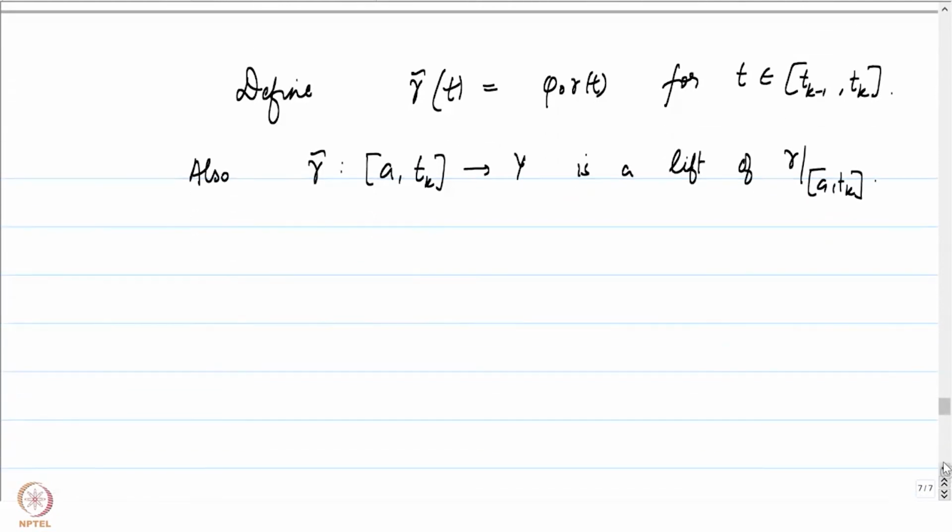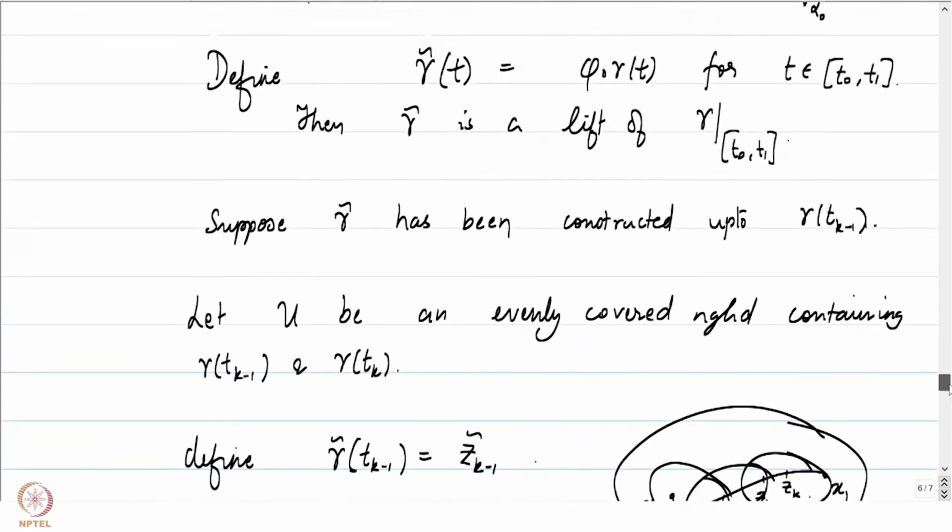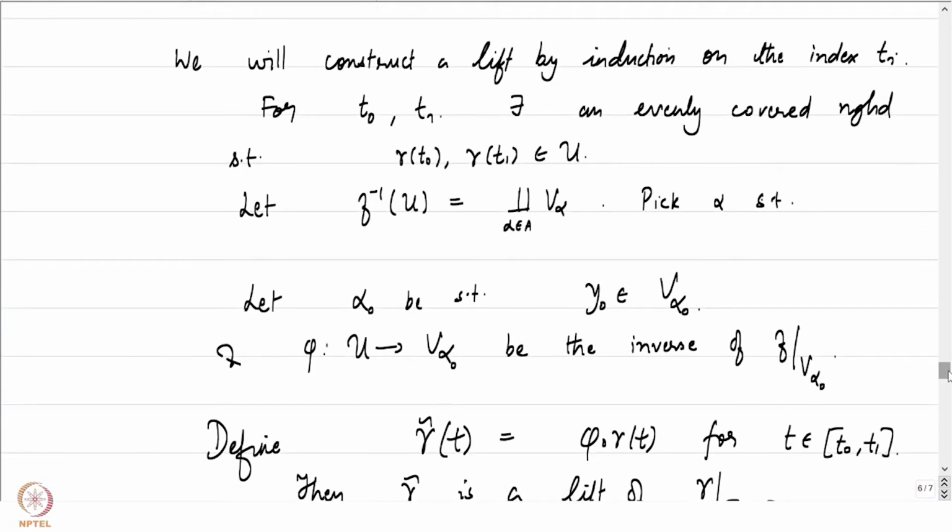And by the induction argument, we have just completed the induction, and hence we have gamma tilde from [a, b] to Y is a lift. So we have been able to construct the lift of gamma. Now the key thing to observe is that this lift that we have constructed is unique. Why is it unique?